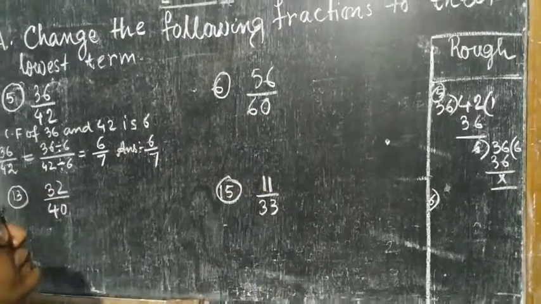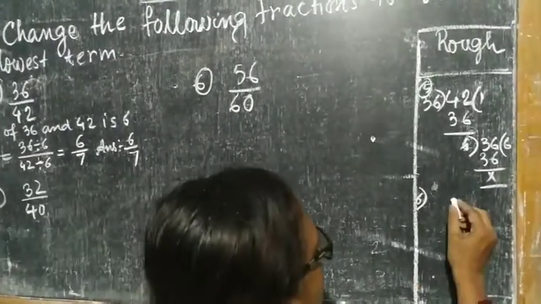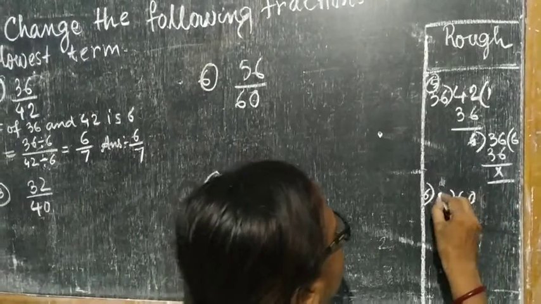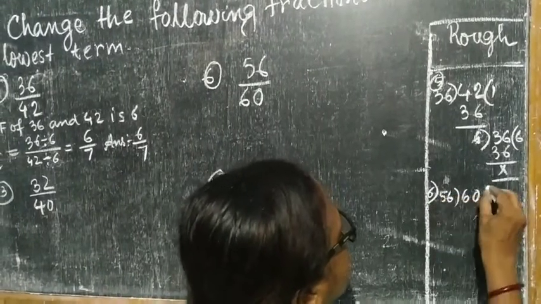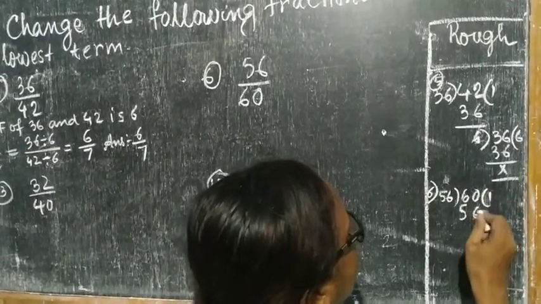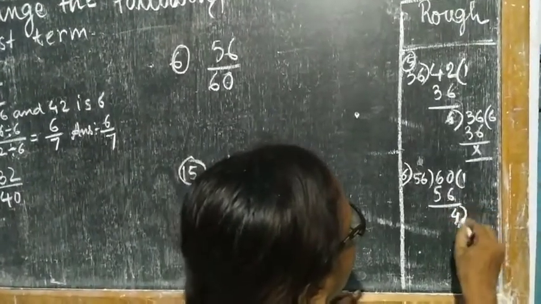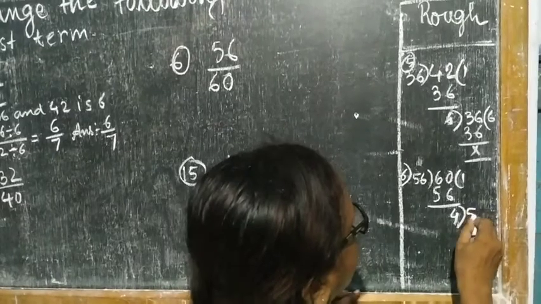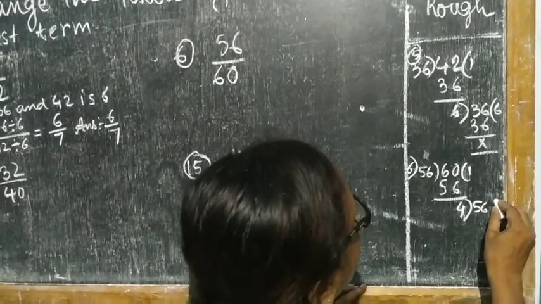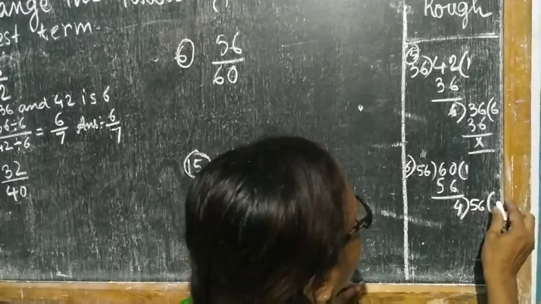So which number is better? 56 or 60? 60 is better. So divide 60 by 56. 56 ones are 56. So 60 minus 56, 4. So divide 56 by 4.